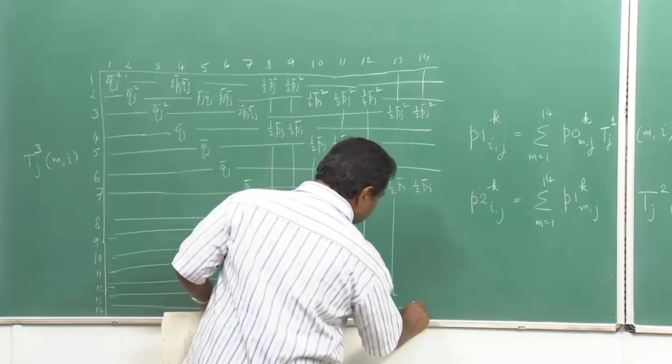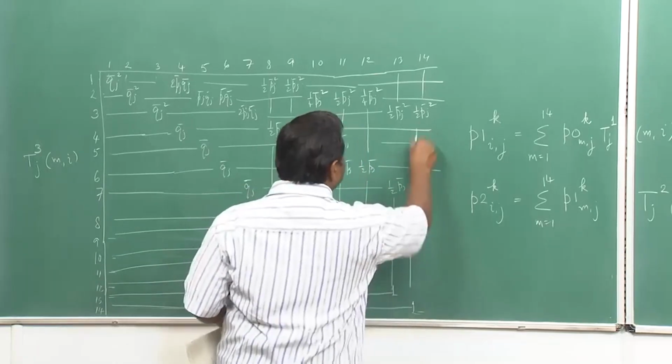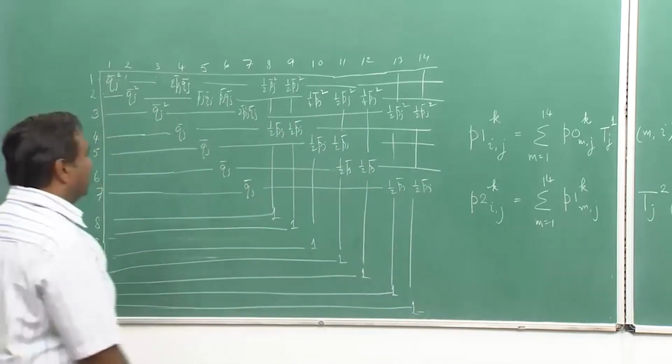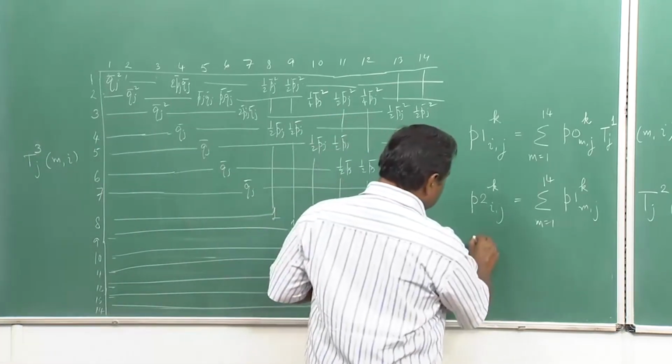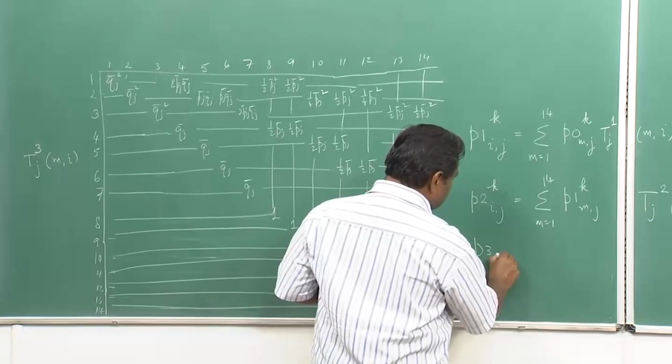And this is the last state which will also be unity. Okay. So, this is the last matrix, and based on this I can actually estimate what is P 3 i j.